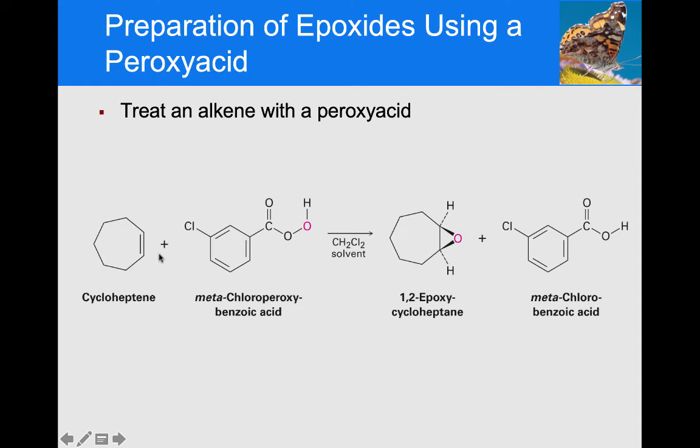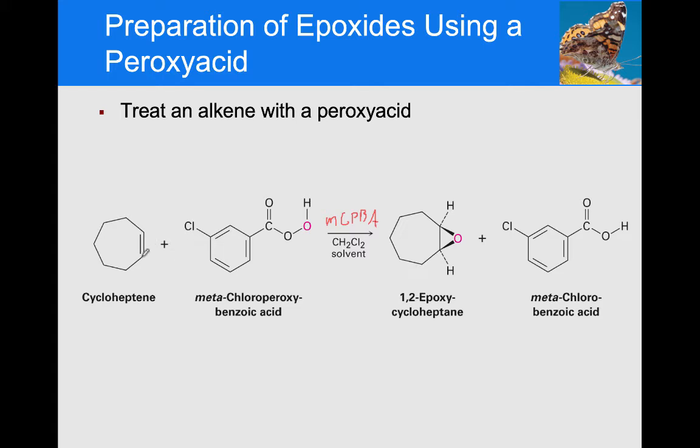The way you make epoxides is you take alkenes and you react them with a peroxy acid. The most common peroxy acid that we use is metachloroperoxybenzoic acid, usually abbreviated MCPBA. When you see MCPBA, we're doing a type of reaction called an epoxidation.